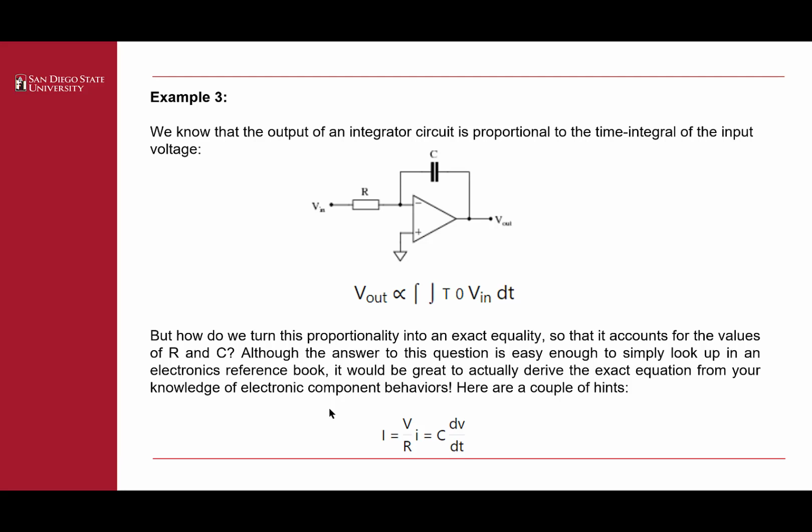And the question also gives us a hint. I equals V over R, and I equals C times dV/dt, where dV/dt is the derivative of voltage with respect to time.